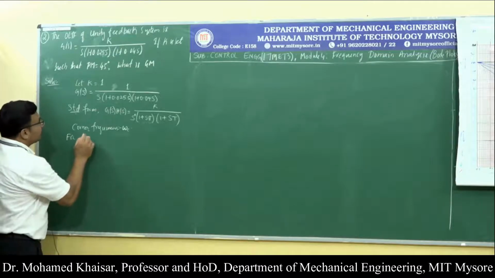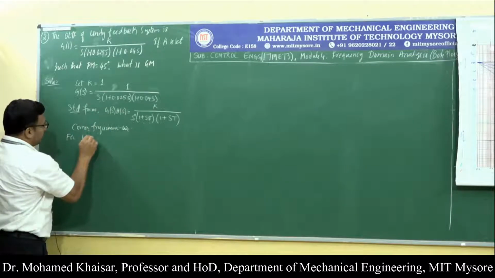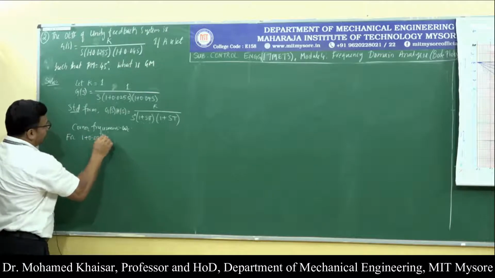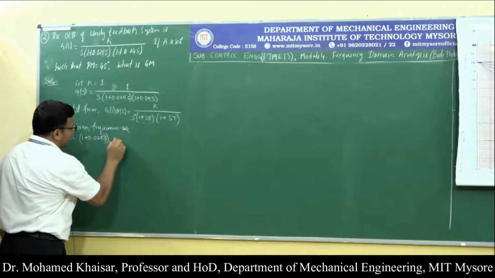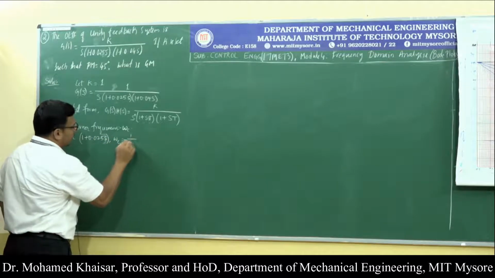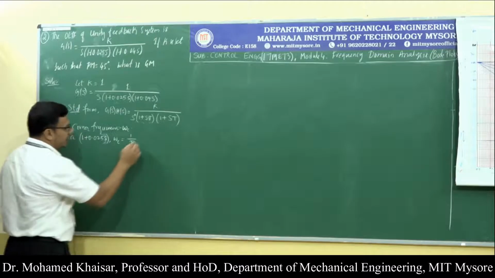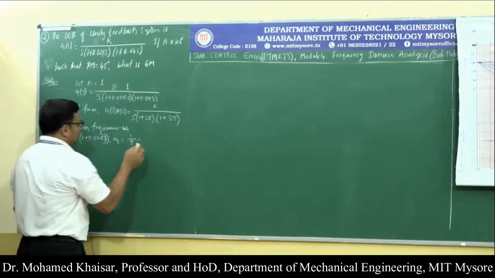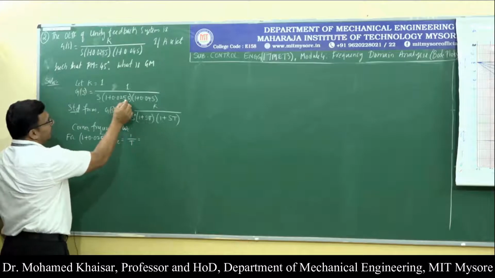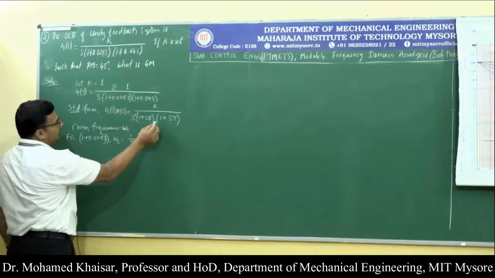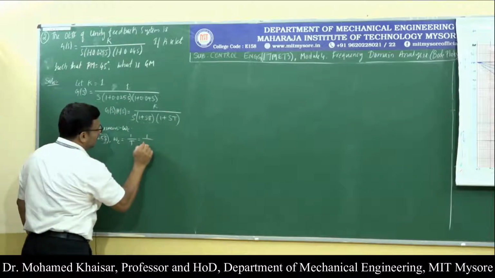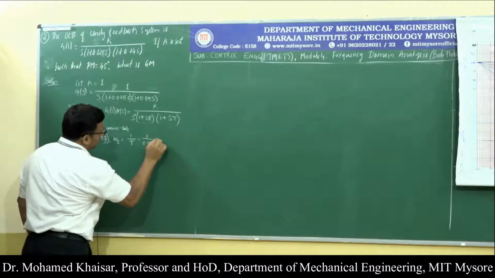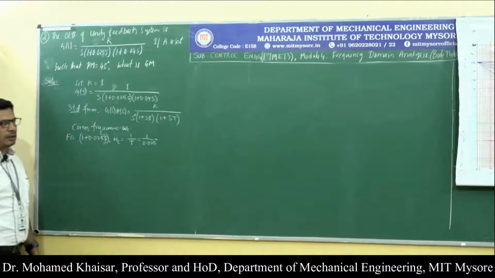So for the factor 1 plus 0.025 s, the corner frequency omega c is equal to 1 by T. T is 0.025, so 1 divided by 0.025. How much will it come?